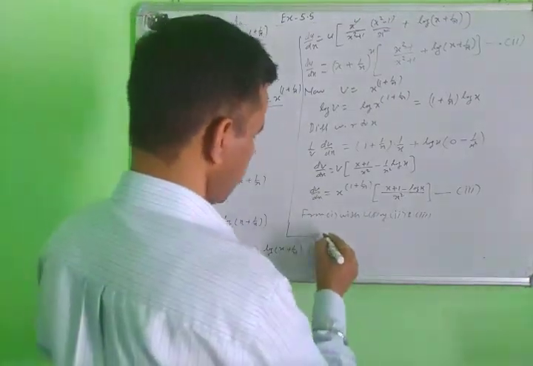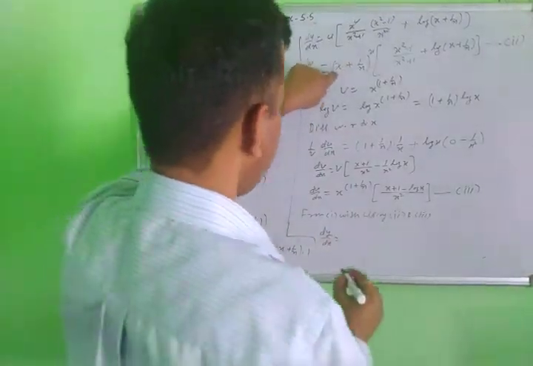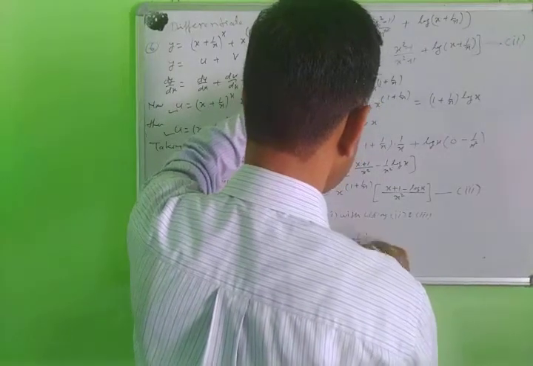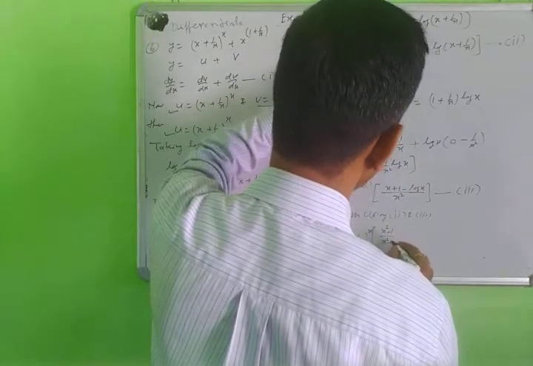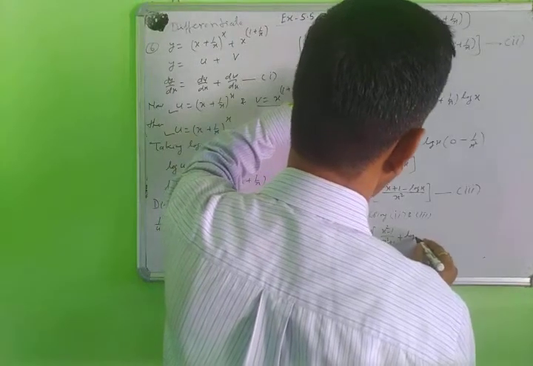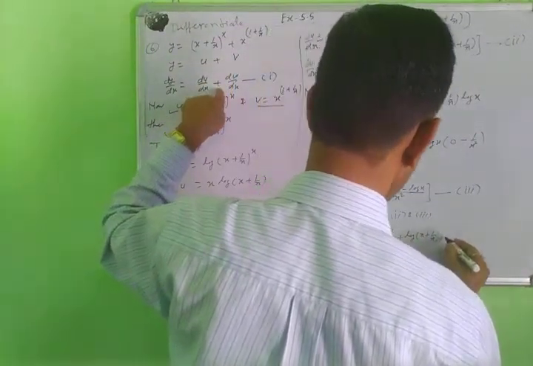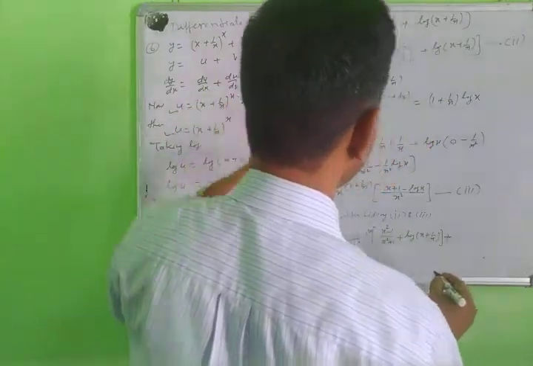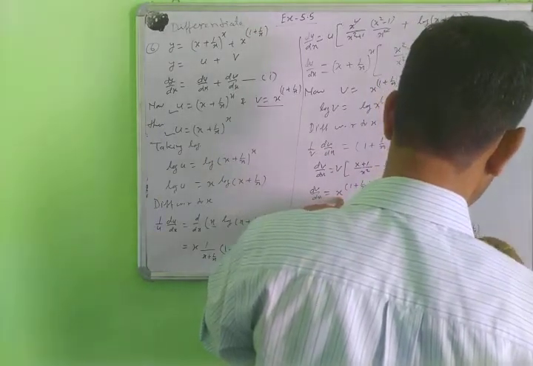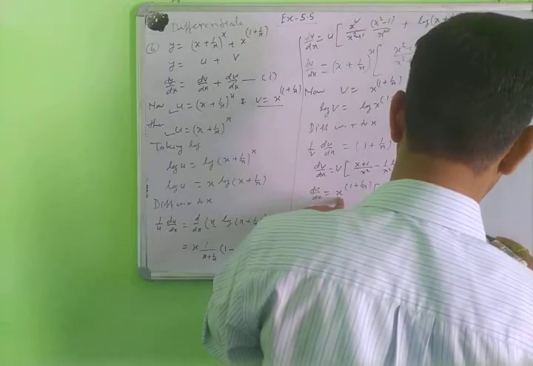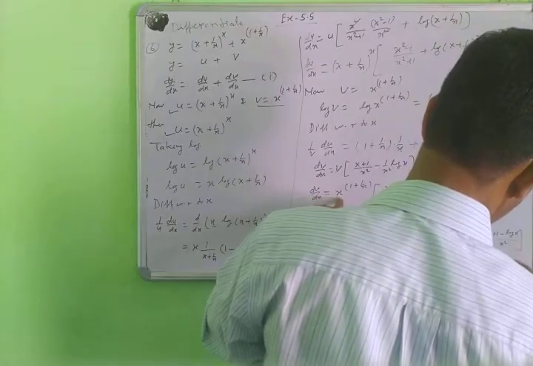So similarly dy over dx equals, what is the value? From equation second, x plus 1 upon x whole exponent x times x square minus 1 upon x square plus 1 plus log x plus 1 upon x, and here putting the value of v, plus x to the power 1 plus 1 upon x, and here write x plus 1 minus log x upon x square. This is your final answer.